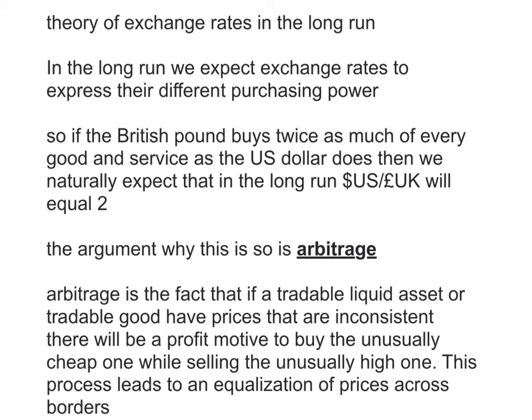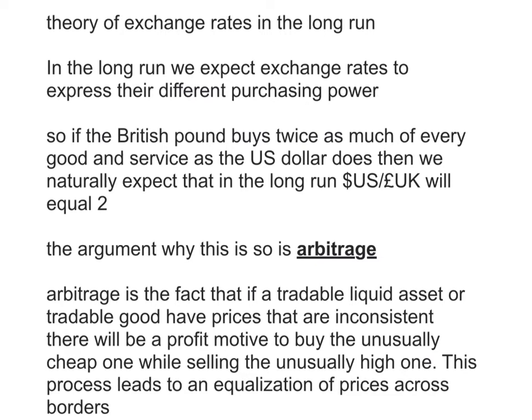And arbitrage means that if a tradable liquid asset or tradable good have prices that are inconsistent with competing assets or competing goods, then there'll be a profit motive to buy the unusually cheap item and sell the unusually high one. And with trade across borders, especially in foreign exchange, being very free and easy, this will lead to an equalization and a rationalization of prices across borders.